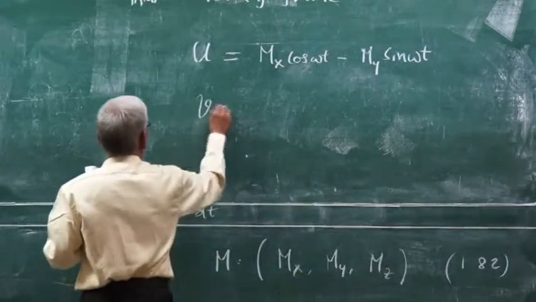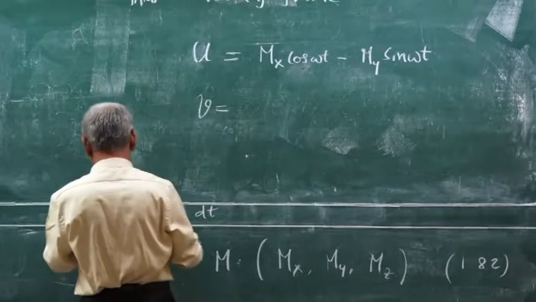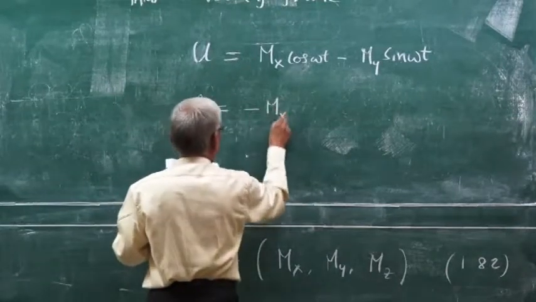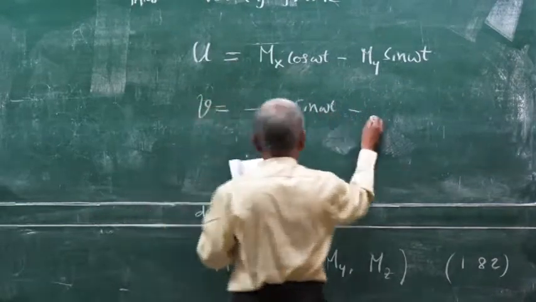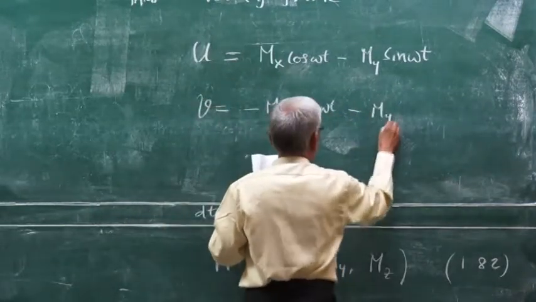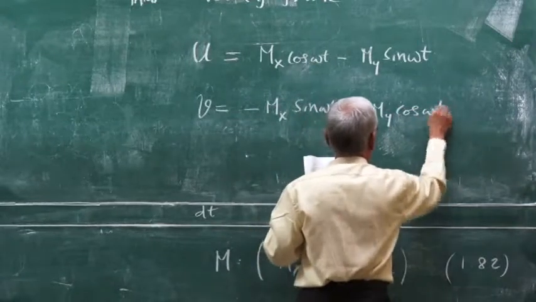So this is V, minus Mx sine omega t minus My cosine omega t.